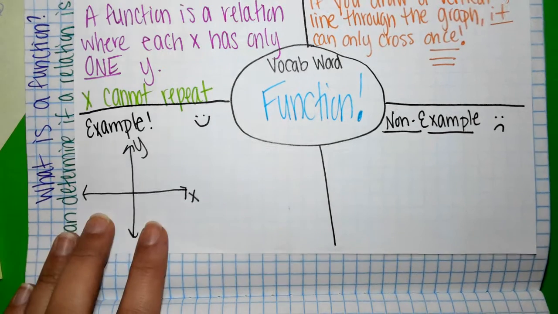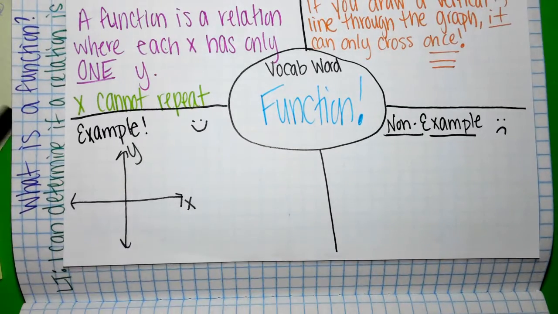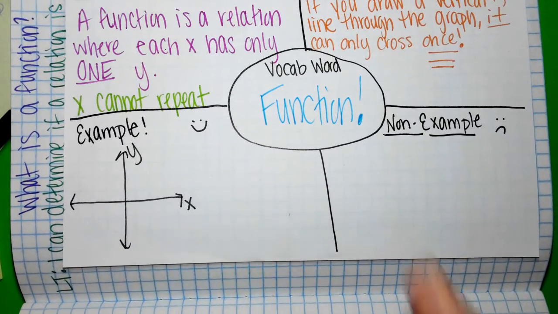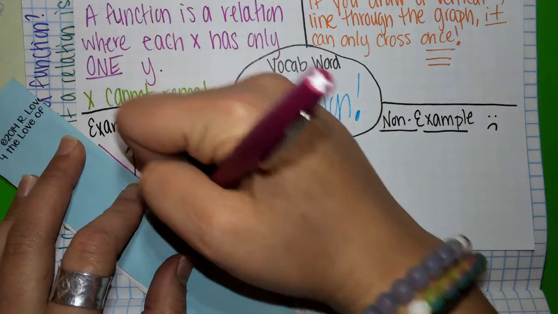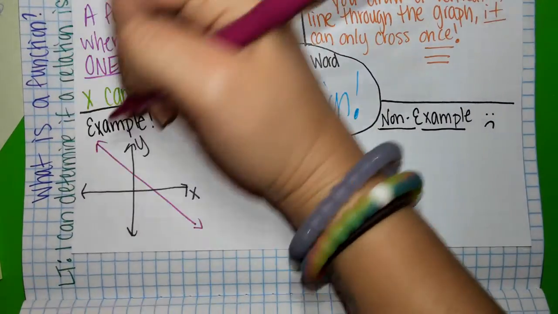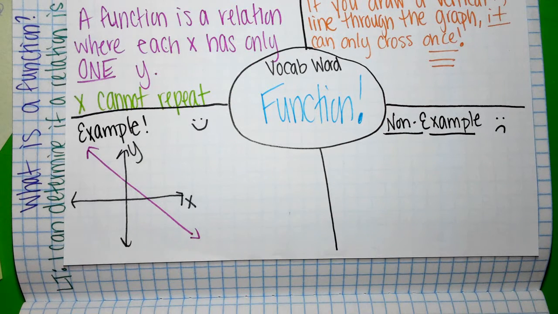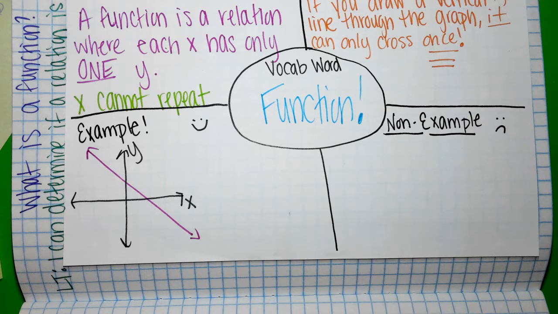All right, next, take your other color. And I want you to draw a line like this, with another color. So 2 different colors so far.